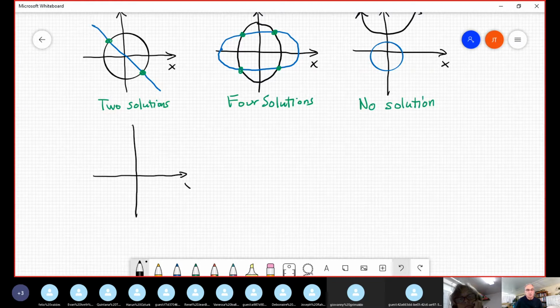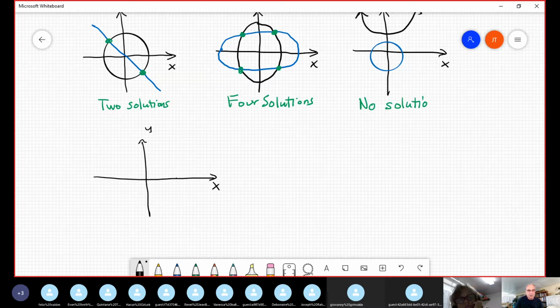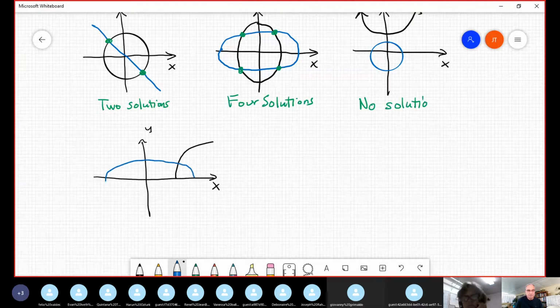And we have a circle. Half of a parabola. This is the x-axis. This is the y-axis. Half of a parabola. This is my geometric interpretation for my first equation. And my second equation is an ellipse, like that. I can see that we have only one intersecting point here. We have one solution.